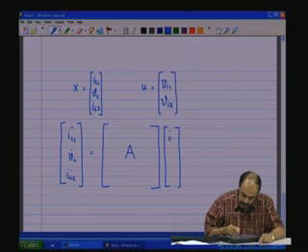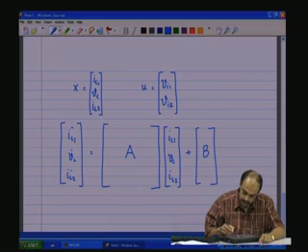And you have IL1, Vc, IL2, plus the B matrix and Vi1, Vi2.